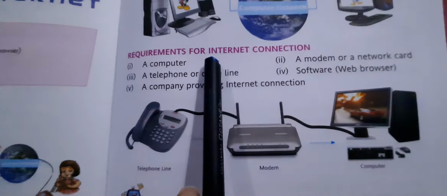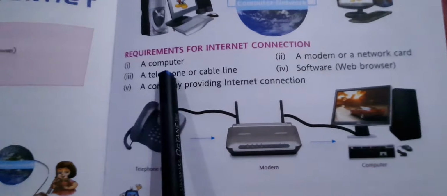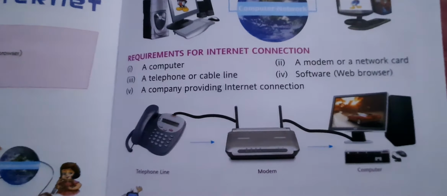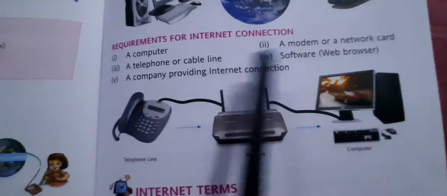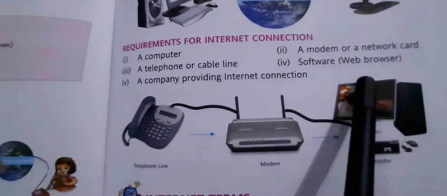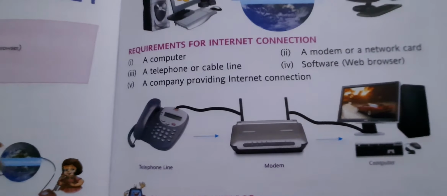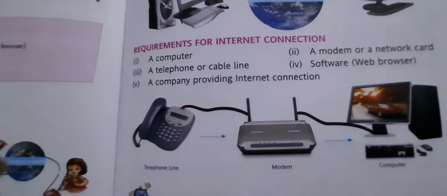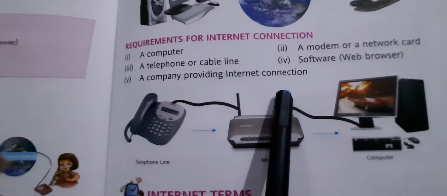That is why for having an internet connection in a computer system, we need a computer, of course, because without a computer the network cannot be established. A modem or a network card, a telephone or cable line, software, means if we want to see or search something or do anything on the internet, we need to have software, that is a web browser, and a company providing internet connection.